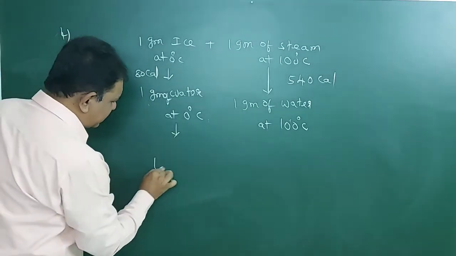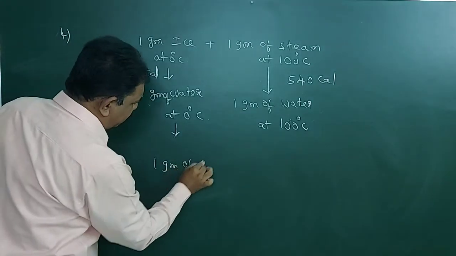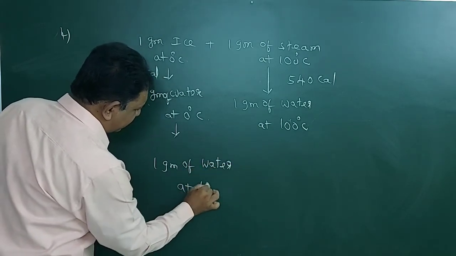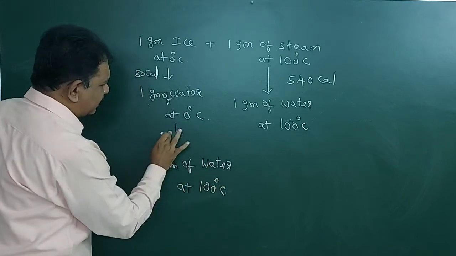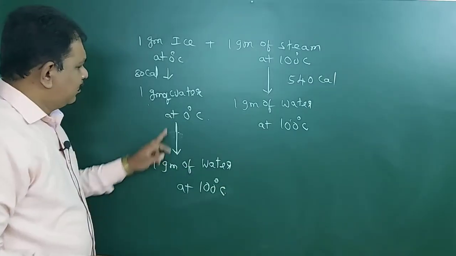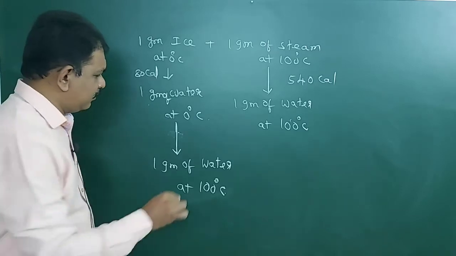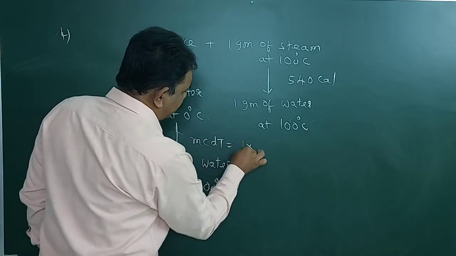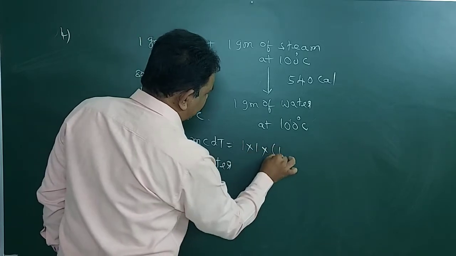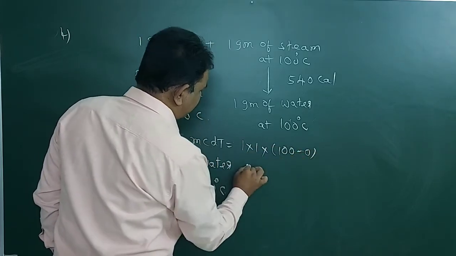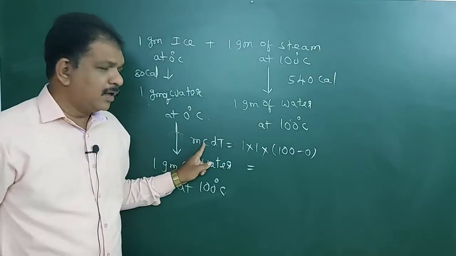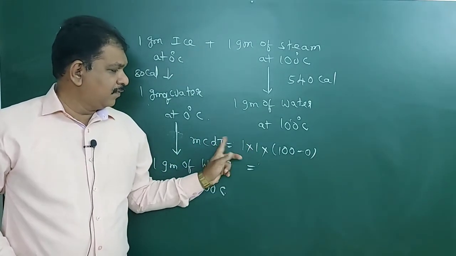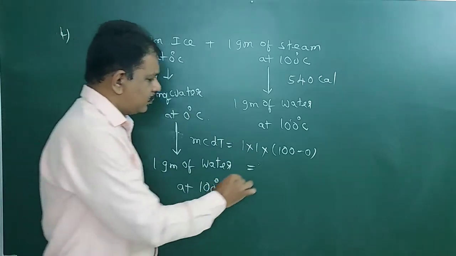Again, its next stage will be 1 gram of water at 100 degrees centigrade. For this, how much heat energy will be required? mc dt: 1 into 1 into temperature difference 100 minus 0, mass 1 gram, specific heat of water is 1.